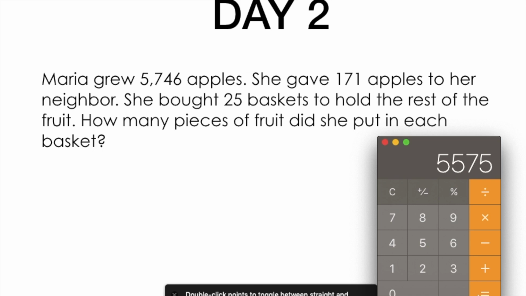If you said divide, you're correct. We're going to take the 5,575, press the divide button into the 25 baskets. Each basket will have 223 apples. Maria grew a lot of apples.